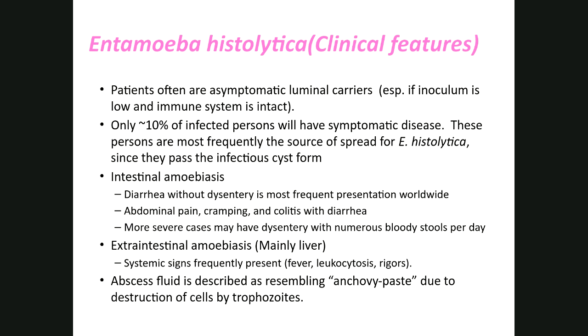Entamoeba histolytica produces a disease which is known as amoebiasis, and there are two types or two varieties of amoebiasis. One is the intestinal, and the other one is the extraintestinal. And the most important or the common extraintestinal is the amoebiasis in the liver. In the liver, it forms an abscess which is called amoebic liver abscess.